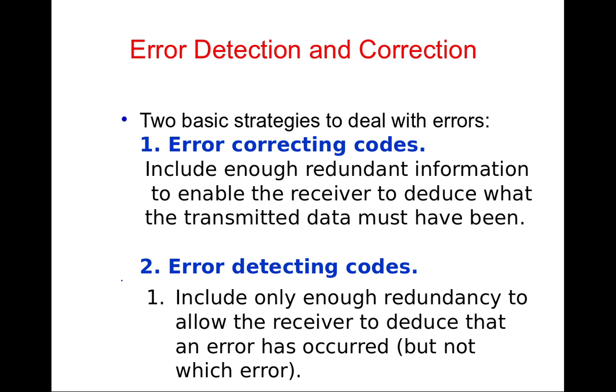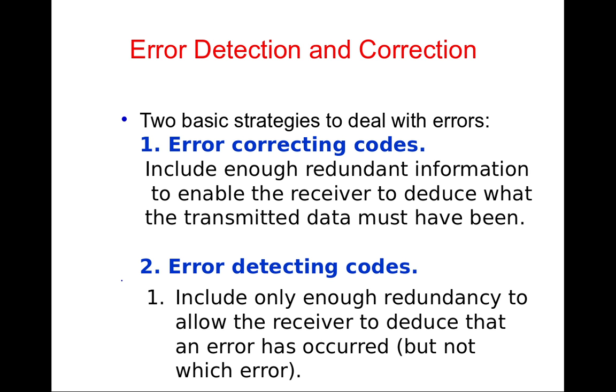The second type of code is error detecting codes, which will only have sufficient redundancy to allow the receiver to deduce that some error has occurred, but the receiver may not be able to find out where exactly that error has occurred.